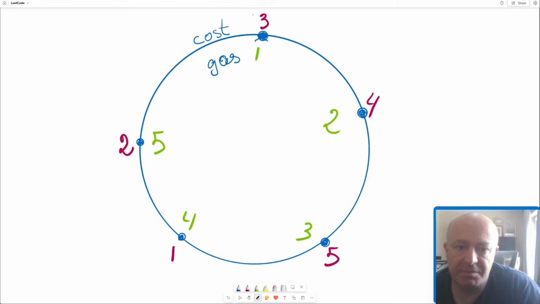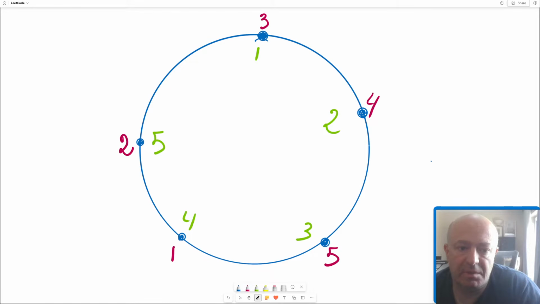So in some sense, we're mostly going to be dealing with the delta here, the gas minus cost. And that will be the net benefit from passing through that gas station. So that benefit could be positive or negative. Okay, so I would propose that we do the following, just to come up with some sort of algorithm here.